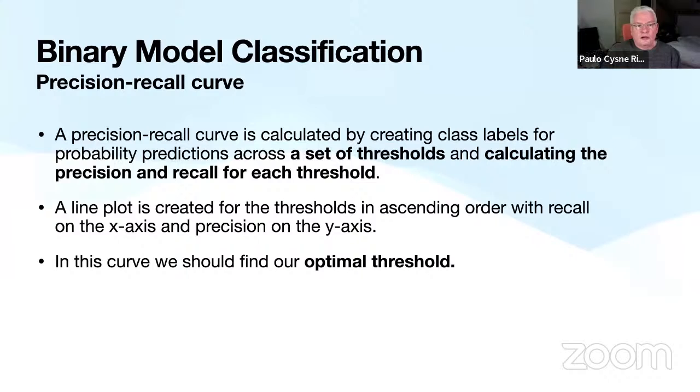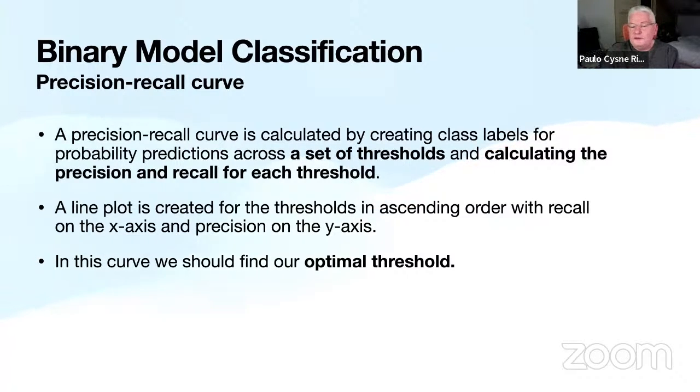We can have a visual look at the precision recall trade-off by plotting a precision recall curve, which is calculated by creating class labels for probability predictions across a set of thresholds. The threshold is what determines whether an instance is positive or not, because the model gives you probabilities of being positive.